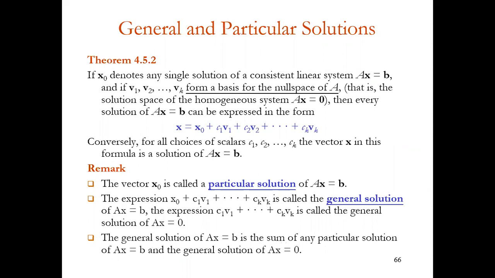If we have a consistent linear equation system with one solution, and we have vector 1, vector 2 until vector k, which form a basis for the null space of A, we will check that phi1, phi2 form the basis for the null space.